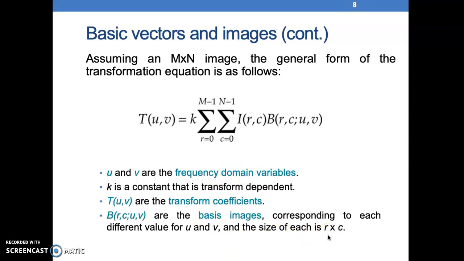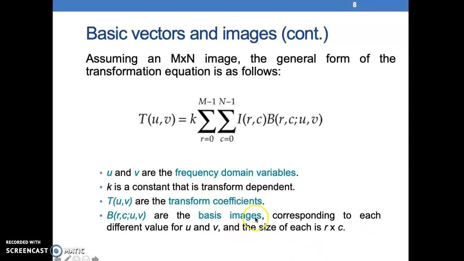As mentioned before, there are a few mathematical tools to transform into the frequency domain, for example the cosine transform and the WHT, the Walsh-Hadamard transform. For these different mathematical tools, the difference is only in the basis image.